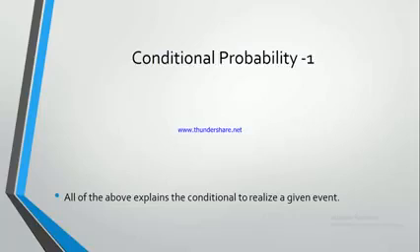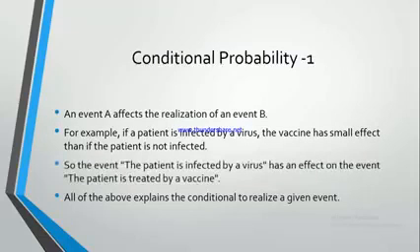Now we'll move to conditional probability. So an event A may affect the realization of an event B. For example, if a patient is infected by a virus, the vaccine has a smaller effect than if the patient is not infected.